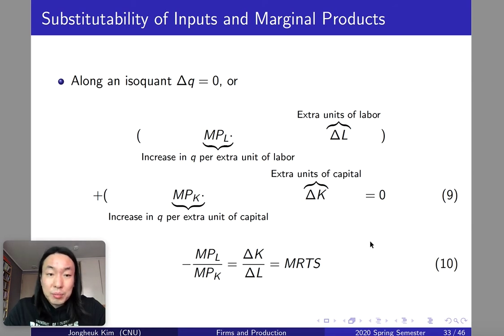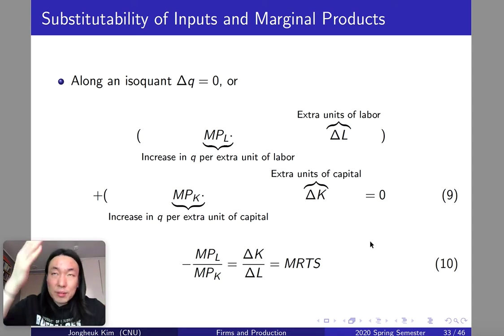But we assume that delta Q should be zero because we want to stay on the same isoquant curve. Then delta K should be negative, which means there will be some negative MRTS. Since the isoquant curve is always a downward graph, the slope of the isoquant should be negative, which means there is always a negative MRTS, right?